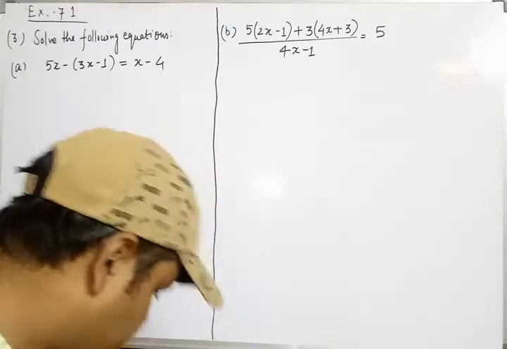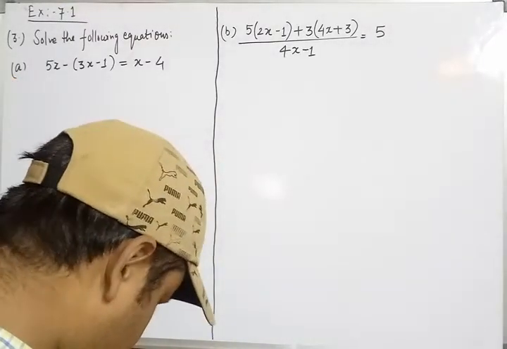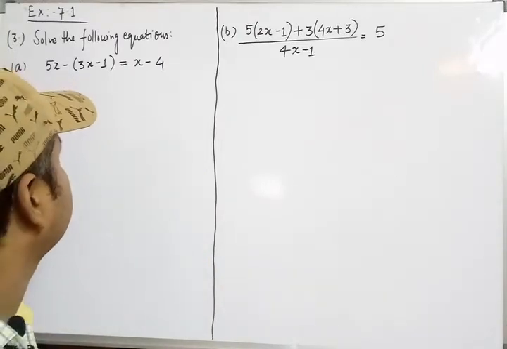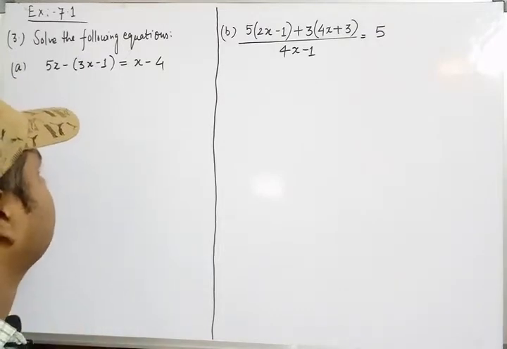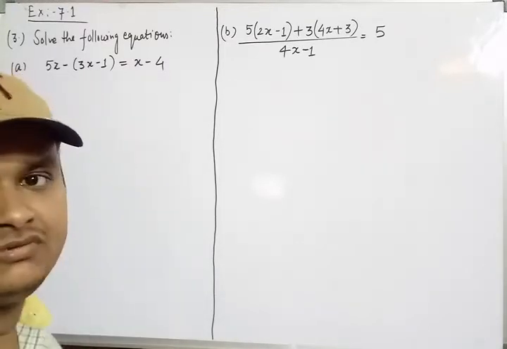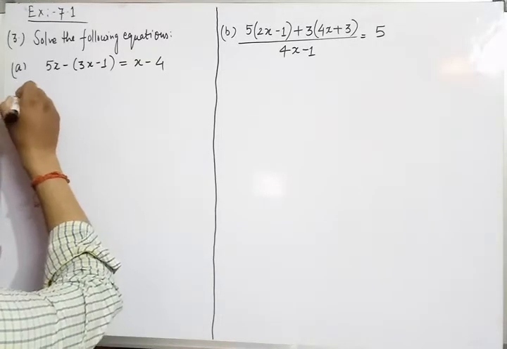So here we will solve another type of numerical question which is given in exercise 7.1. The third question is you have to solve the following equation. First of all you have to solve both sides, then apply the transposition method. So let's start.